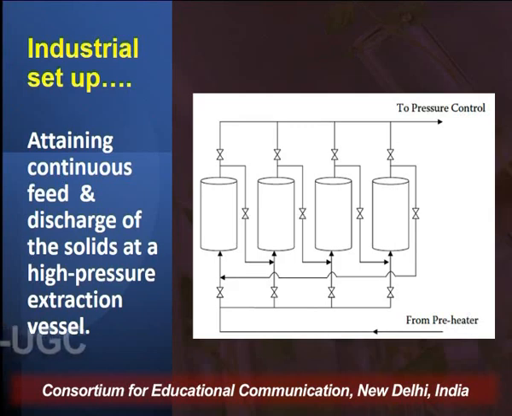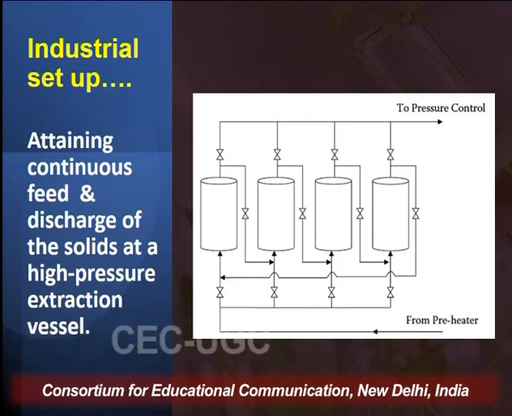But when we talk about the industrial scenario, a lot of cost is involved, and they cannot afford to stop the process to unload the spent material, load fresh material into the extraction chambers, and then start up the process again.